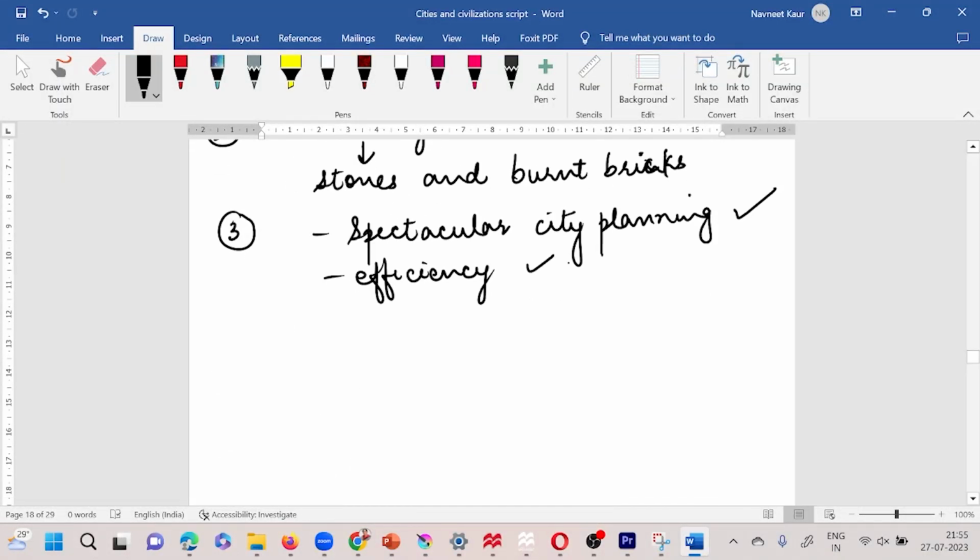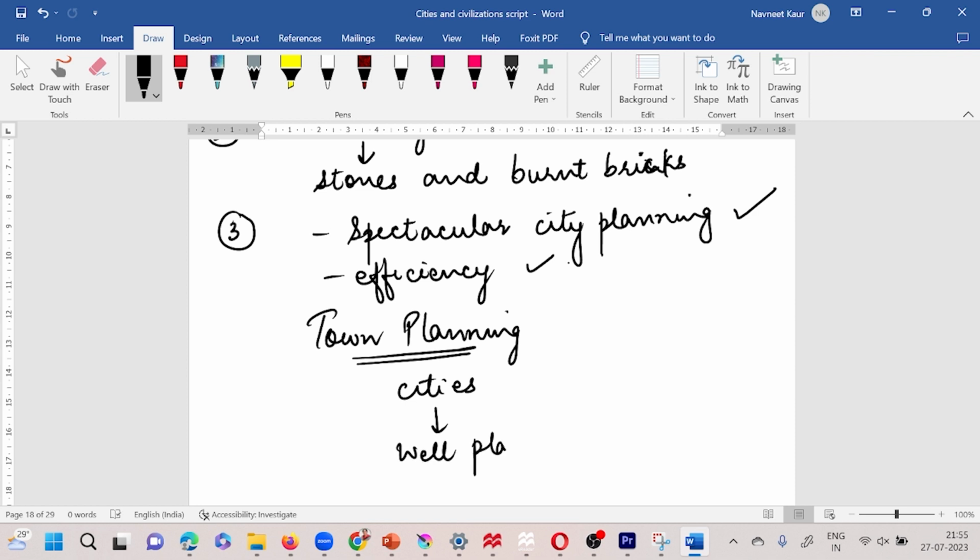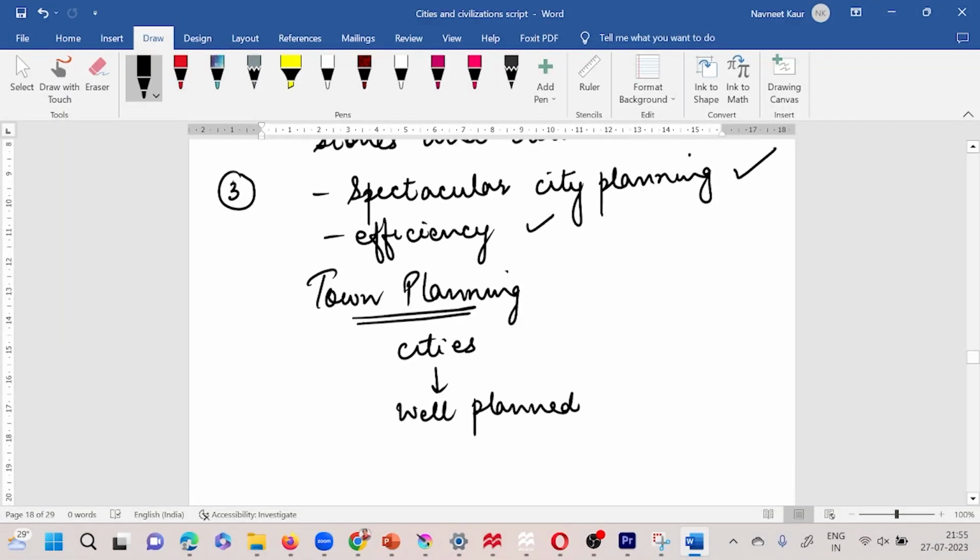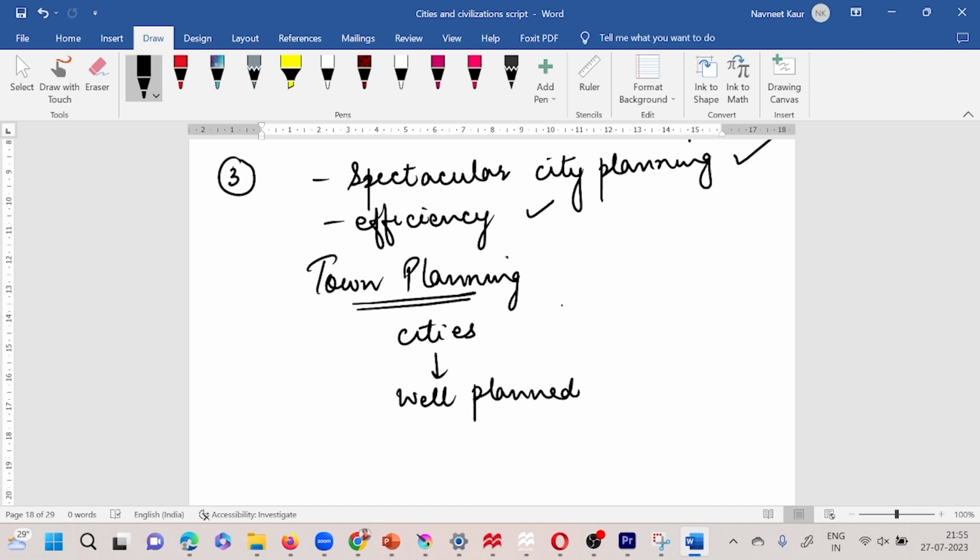Now, let's come to the topic town planning. When we talk about the cities of Indus Valley civilization, they were well planned, as we studied above. Many cities were divided into two parts: the Lower Town and the Upper Town.